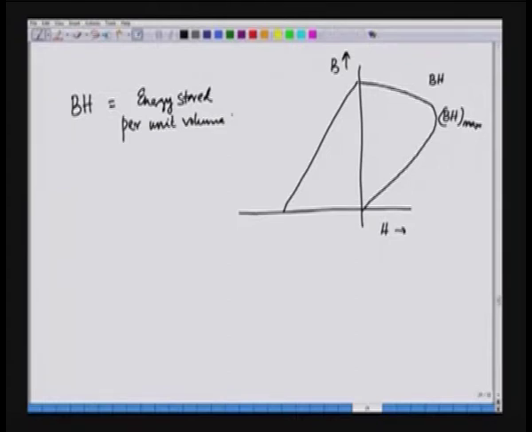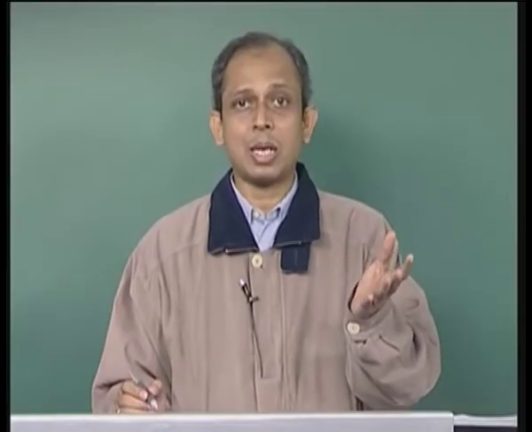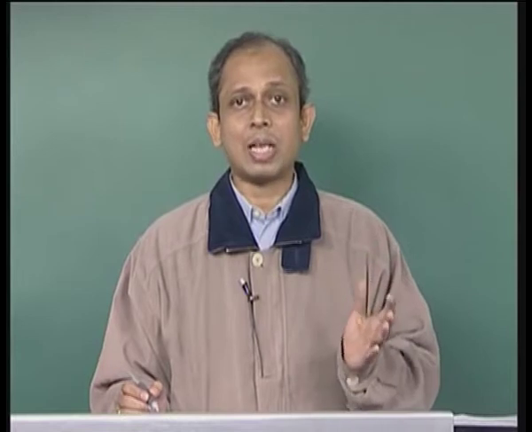So, if you want a very compact size, we have to maximize BH. It means we have to operate this motor at this operating point. The operating point will be chosen so that the BH product is maximum, and that is why we need a very high Br and a very high Sc also.